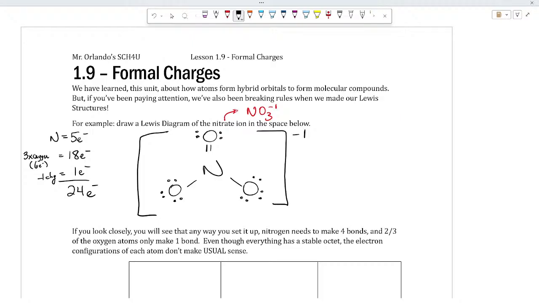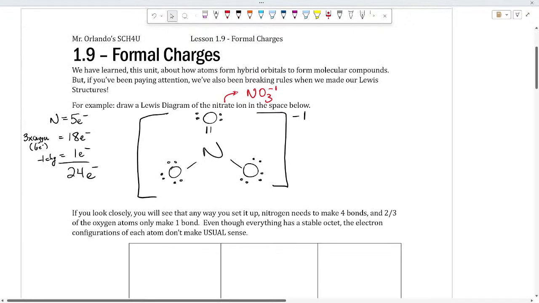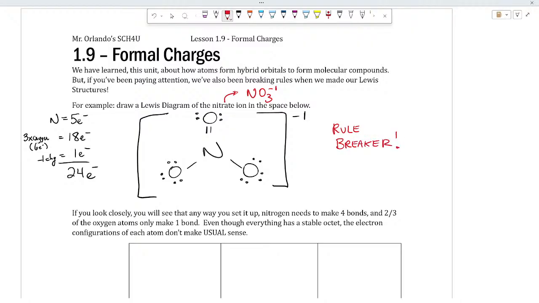Fantastic. Here's the thing. This breaks our rules. Why does it break our rules that we learned in grade 10 science and grade 11 chemistry?